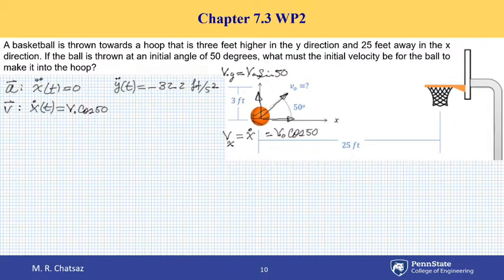In y direction, the vertical component of velocity is the integral of y double dot, which is y dot, as a function of time. So I'm going to integrate minus 32.2, which gives me minus 32.2 t, integrating with respect to time, plus a constant of integration, which is the same as initial velocity in y direction, or v naught sine of 50.